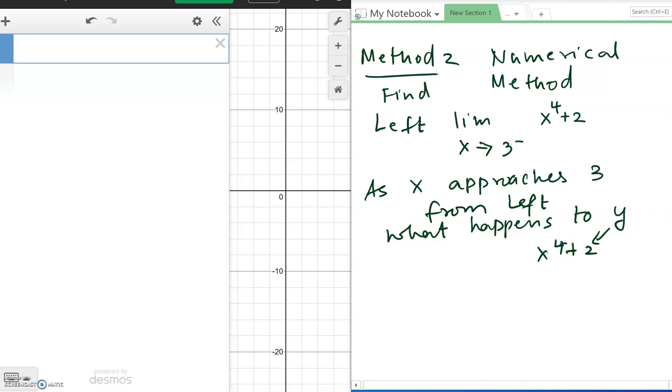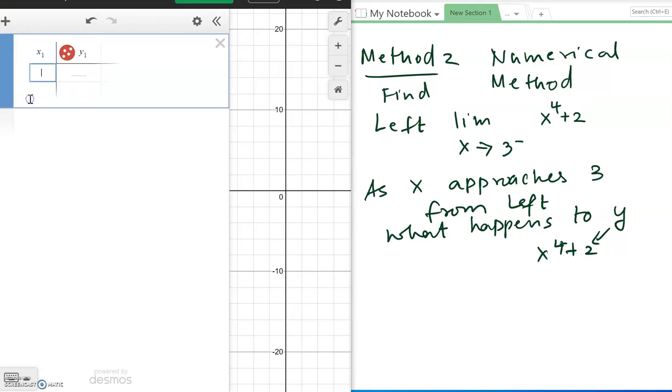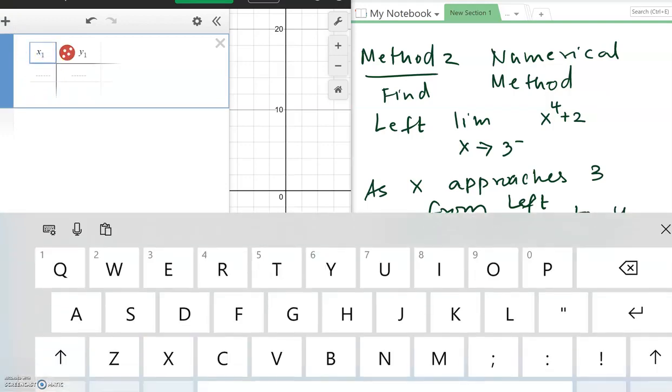So we're going to use the graphing calculator. I'm going to open up the table, and we're going to use x, and then we're going to put the y value, which is the f of x value, x to the power 4.